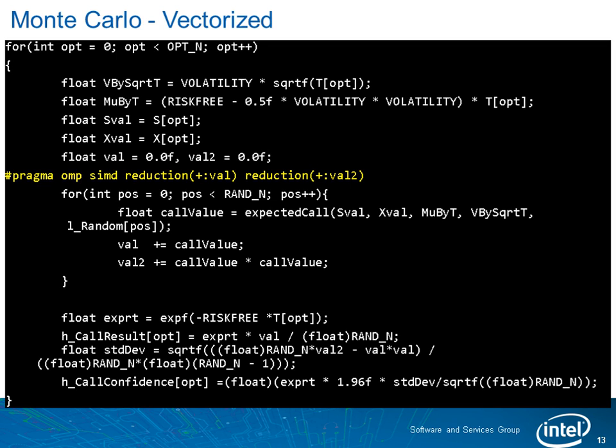So we relieve the compiler from that responsibility, give it to the hand of the programmer. Now the programmer said this loop is a vector loop. What the compiler needs to do now is generate vector code for the vector loop.